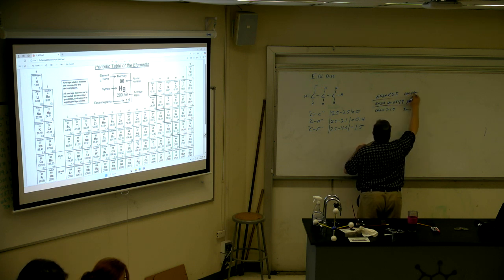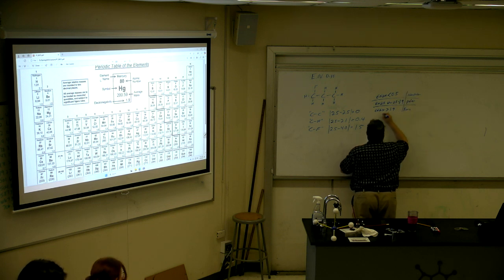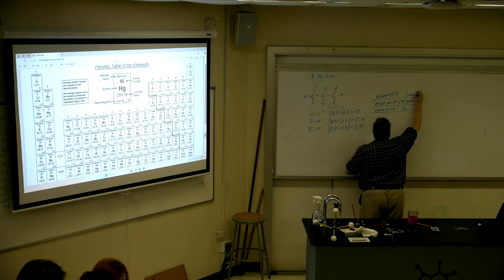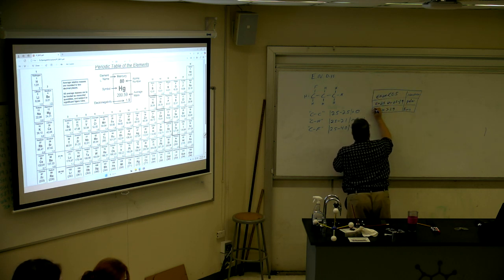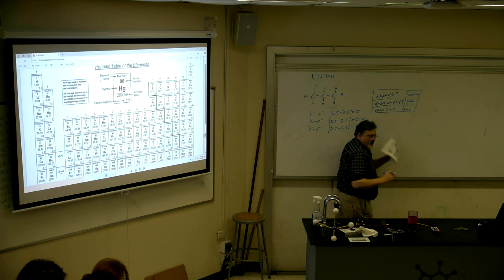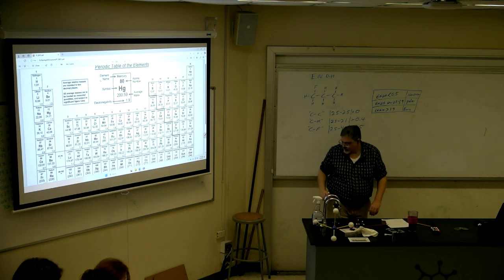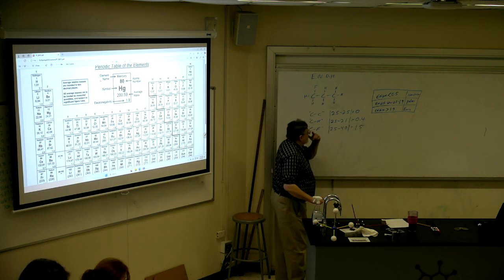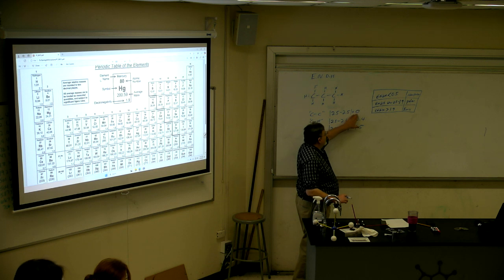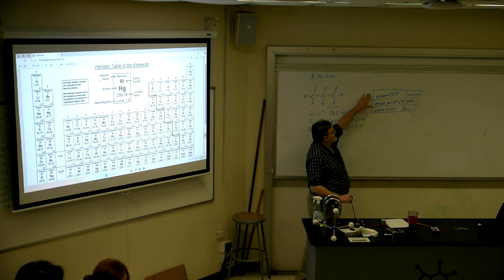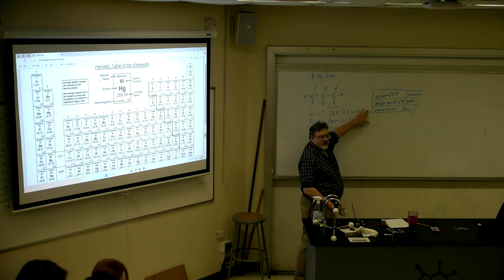So this is in your book. These cutoff points are a little bit arbitrary, but we'll go by what this book says. So this electronegativity difference is that here, here, or here.